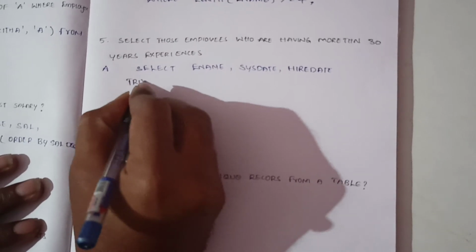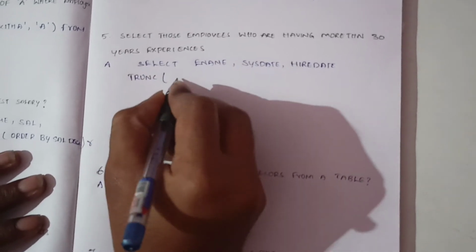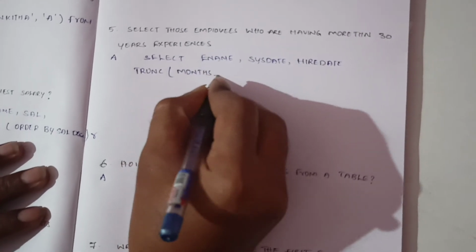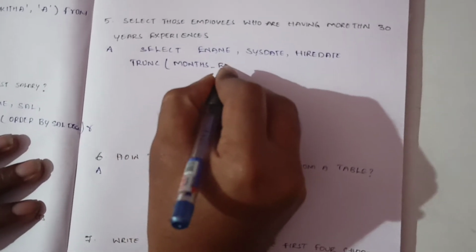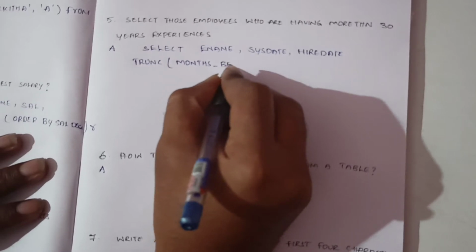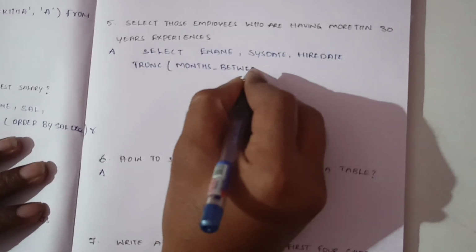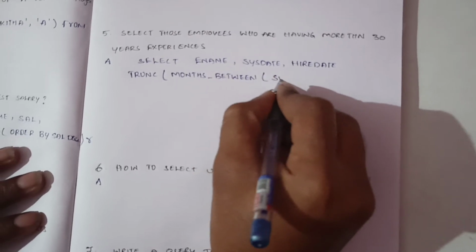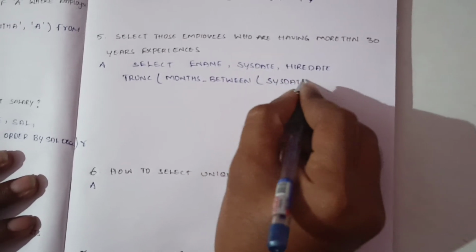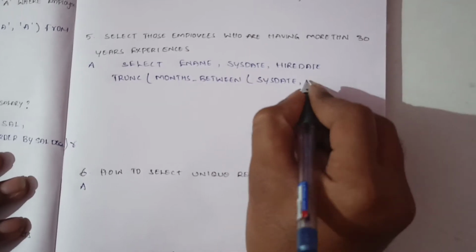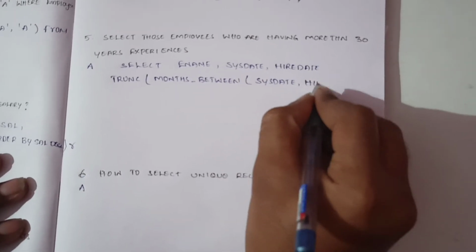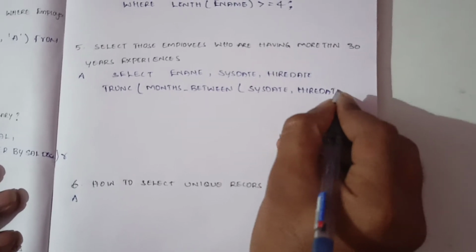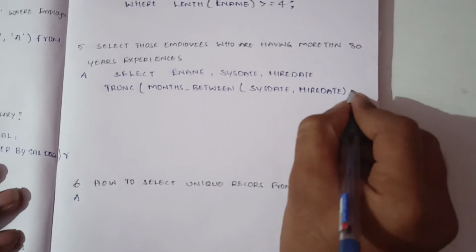Truncate of months between. This is the date function. Months between sysdate comma hire date. It will give the number of months.